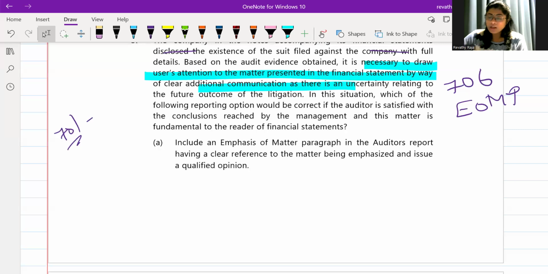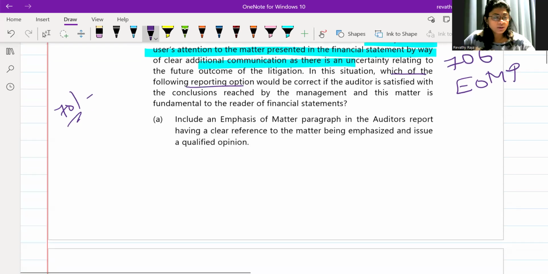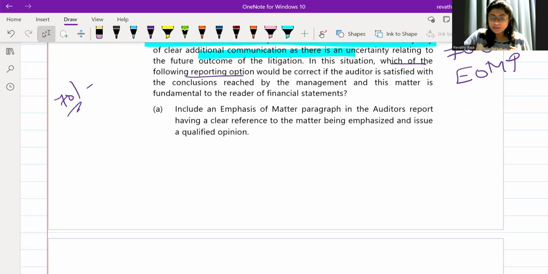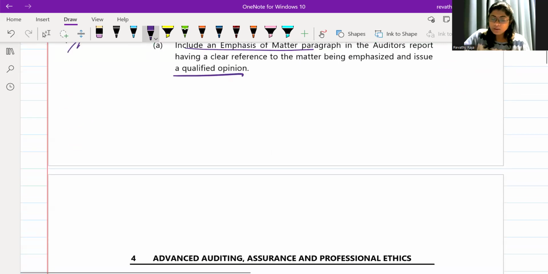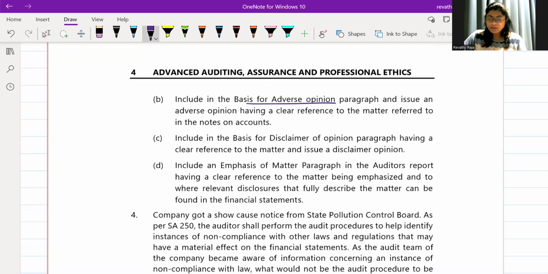Where's the question? Which of the following reporting option would be correct with respect to the above matter? So can you read and say? First one, include EOMP and issue qualified opinion. Include in adverse opinion and issue adverse opinion with basis.